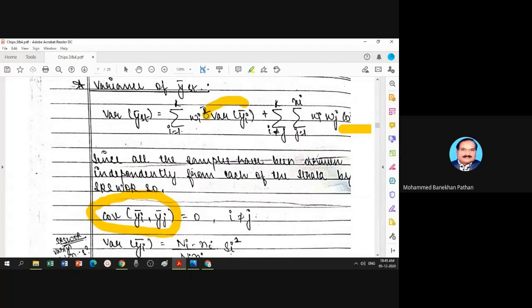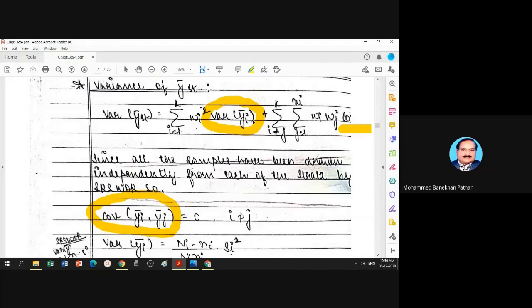Now this is known to you because this is a sample drawn without replacement from the ith stratum, which is homogeneous. So you can apply the result directly for the ith stratum.